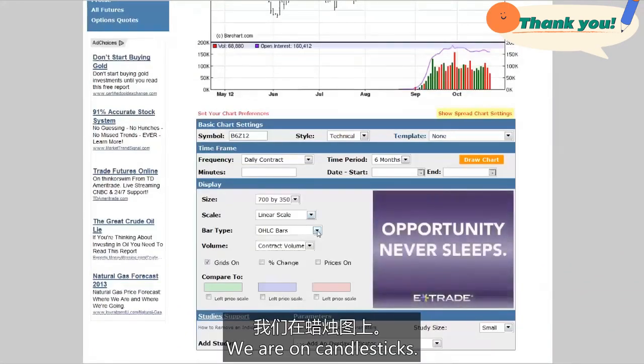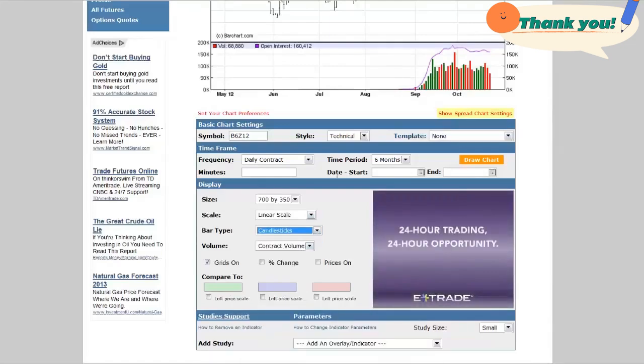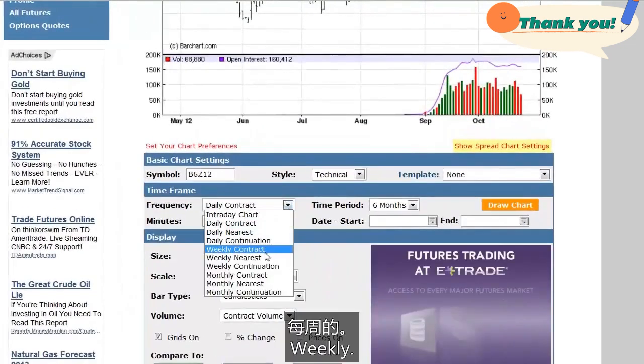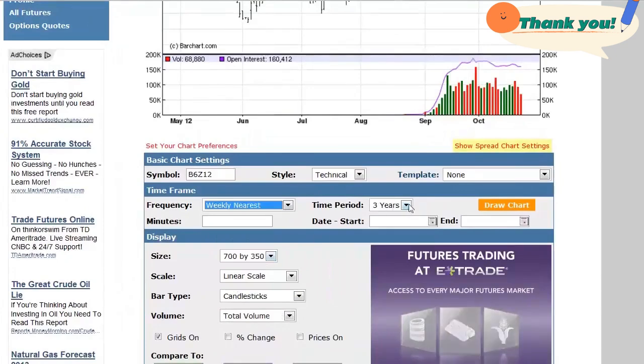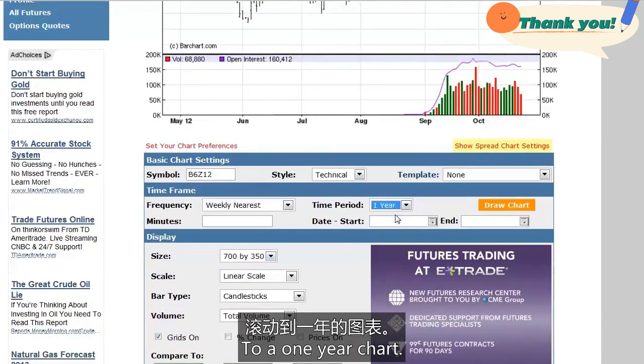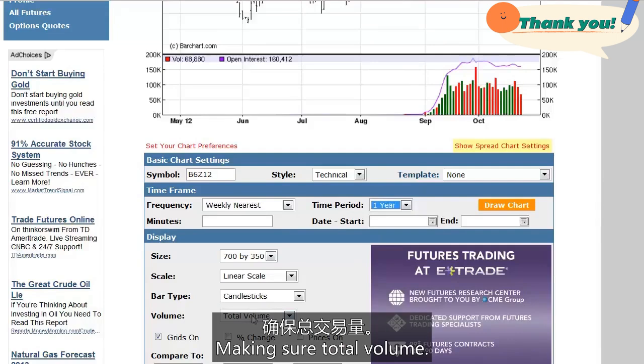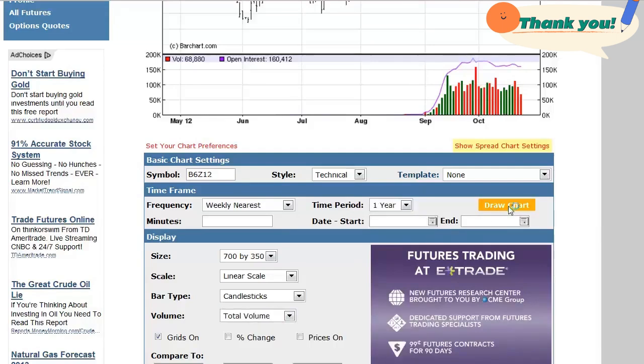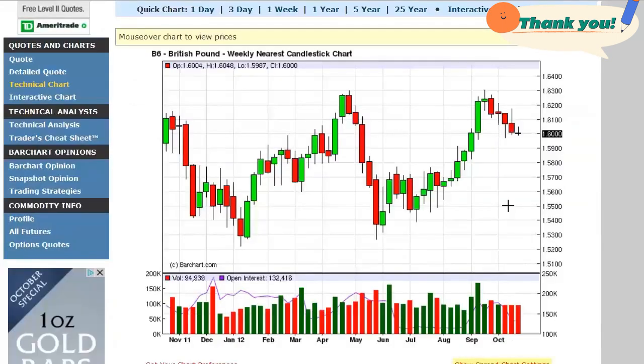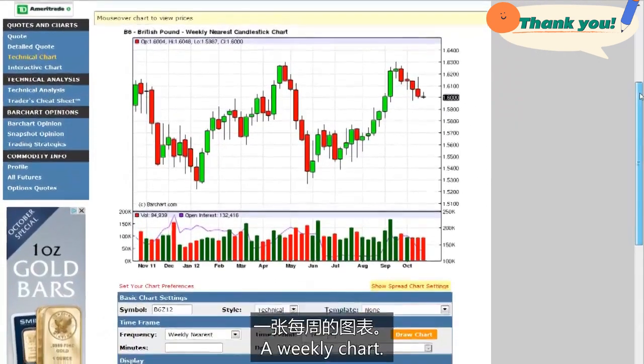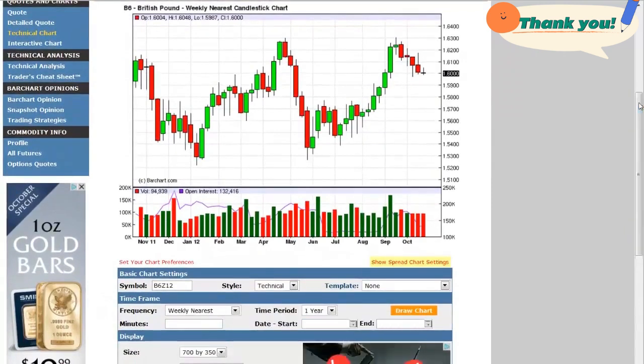We're going to make sure we are on candlesticks. We're going to look at weekly nearest. We're going to scroll to a 1-year chart, making sure total volume is clicked, and we're going to draw the chart. Okay, now we have a weekly chart on the British pound.